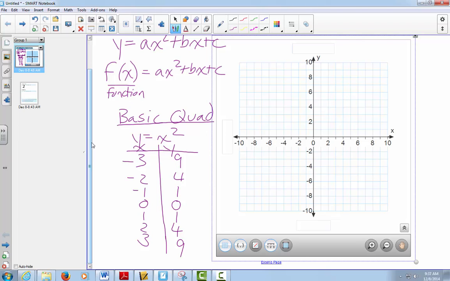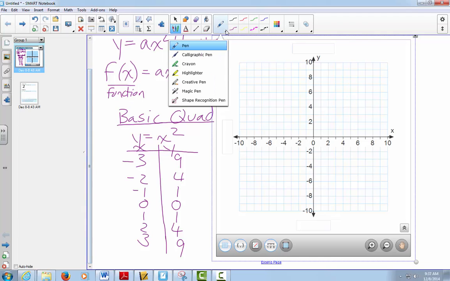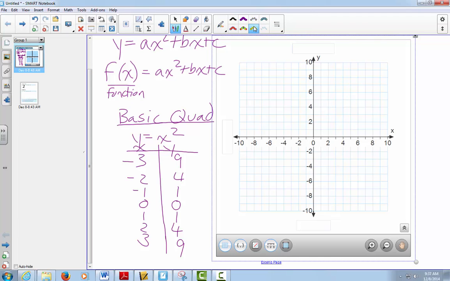Now you know this basic shape, it's quadratic, and we're going to plot it. We're going to have our negative 3 and 9. So negative 3 and 9, right there. Negative 2 and 4. Negative 1 and 1.